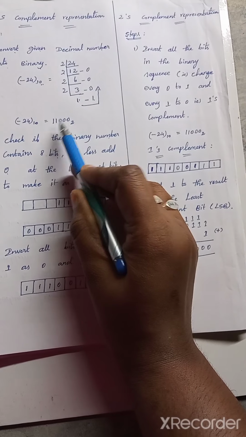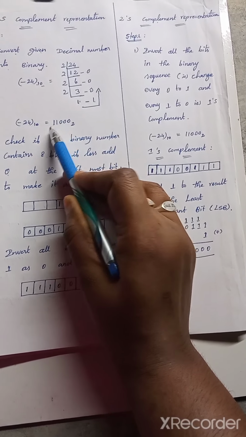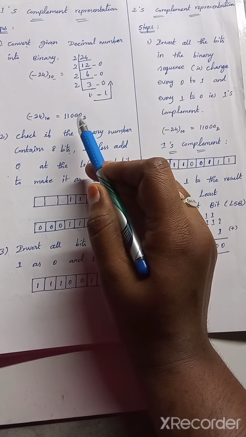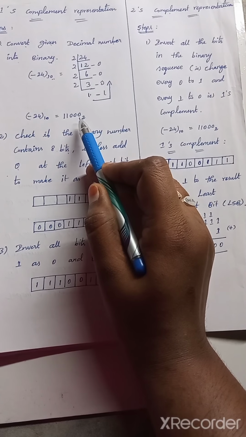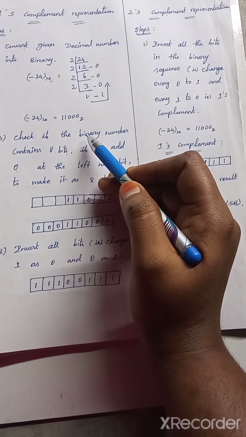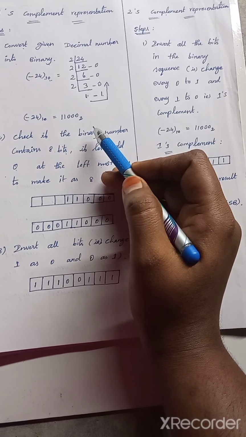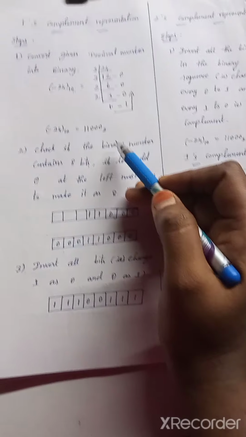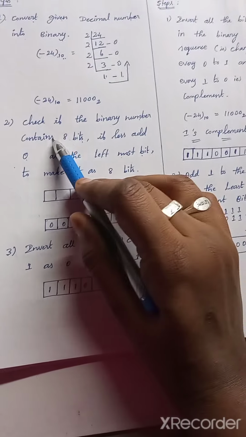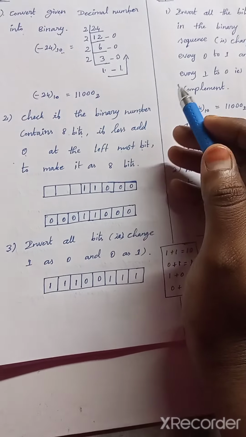Here we have 1 2 3 4 5 bits, only 5 bits, but for this concept we need 8 bits.